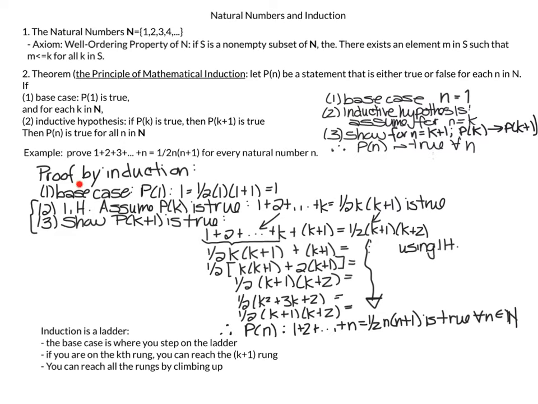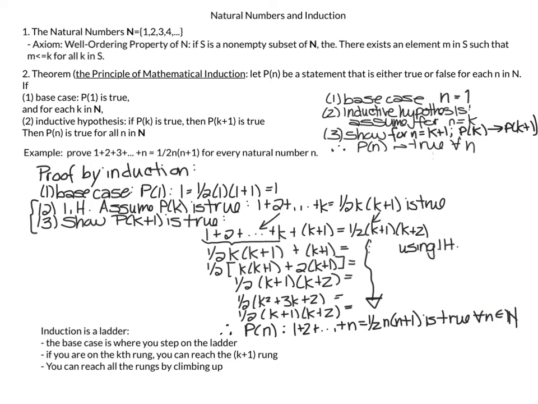So looking over our proof again, we have the base case, we have a place to get started on the ladder, then we assume once we're on the kth rung, we can go up one more rung to the k plus 1 rung. So since we have a place to start and we can keep going up, we can traverse the ladder, and then we know P of n is true for all n in the natural numbers.